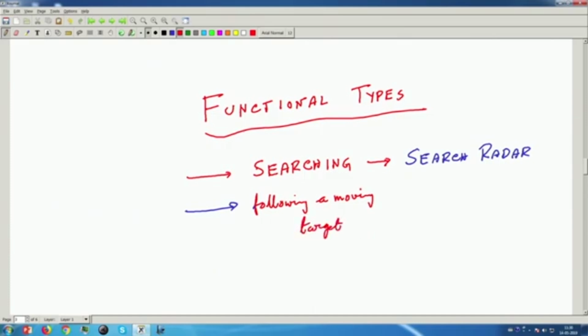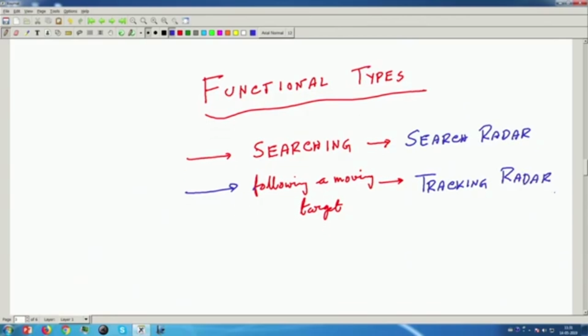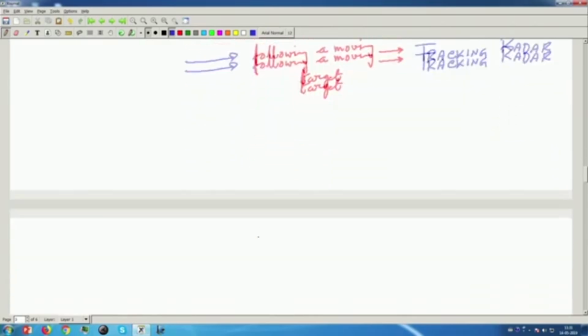You will have to follow it and gather more information from it. The radar which does that is called a tracking radar. We will discuss these two aspects of the radar one by one. First, we will see the search radar.